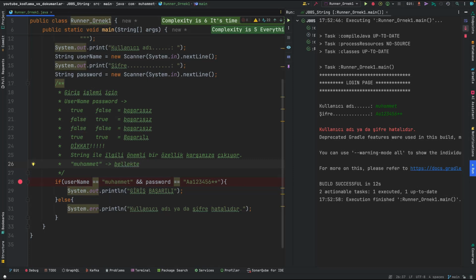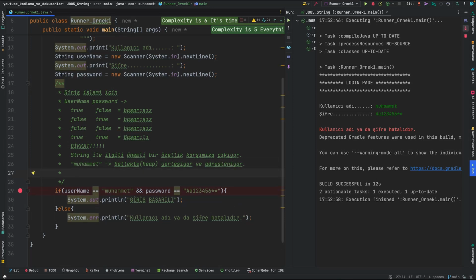It gets placed in memory, I mean in the heap, and it gets addressed. Good. In the same way, when you read data with a scanner, this entire process happens in precisely the same way within the computer's memory. The addresses. Okay.